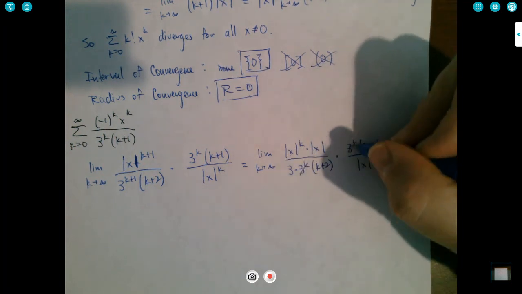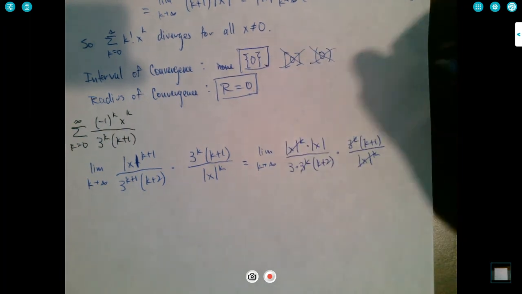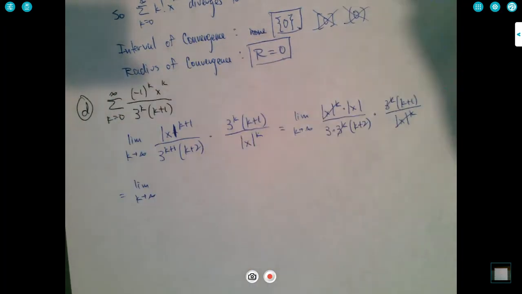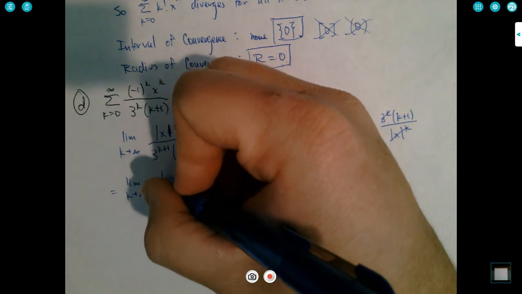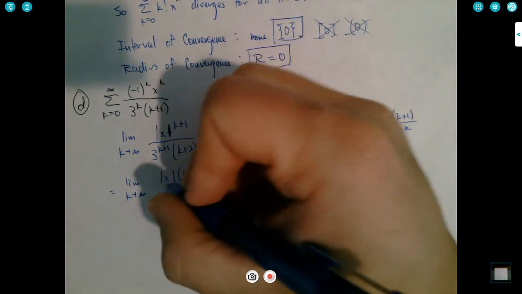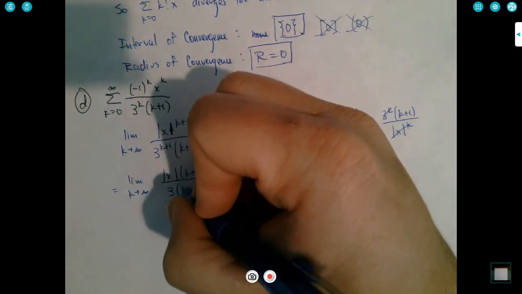So that will cancel that. That will cancel that. And I think that's all I get. So this is going to be the limit as k approaches infinity of the absolute value of x times k plus 1 over 3 times k plus 2.